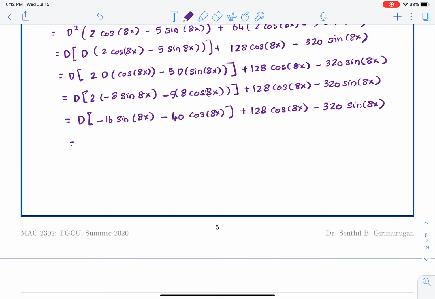Apply the derivative operator to this expression, so we will have negative 16 times the derivative operator applied to sine 8x, minus 40 times the derivative operator applied to cosine 8x.